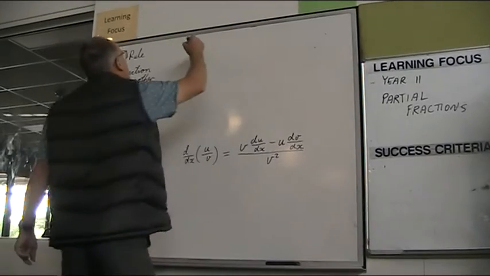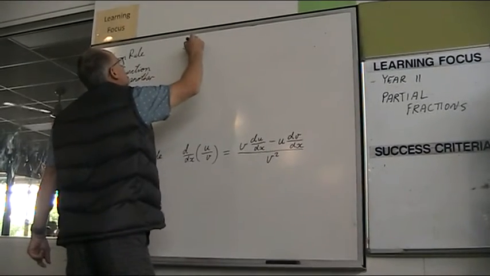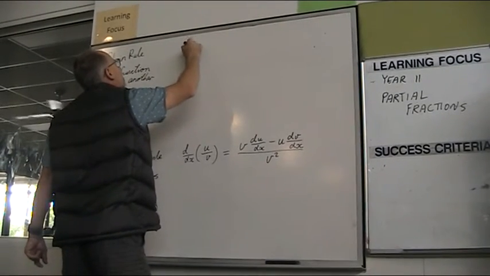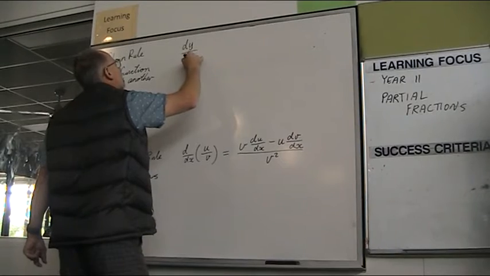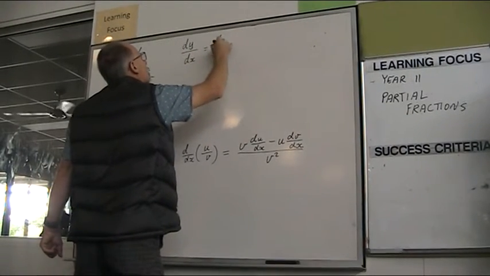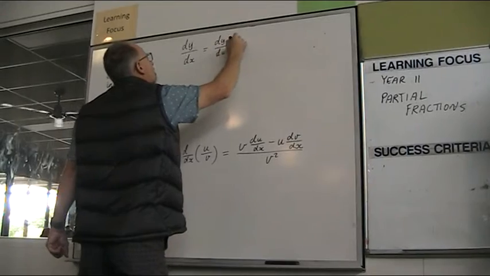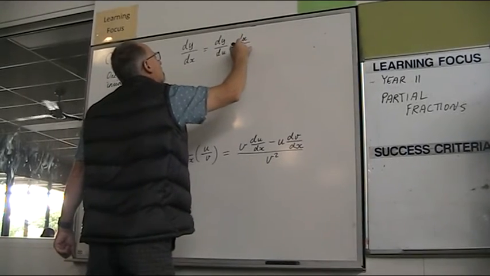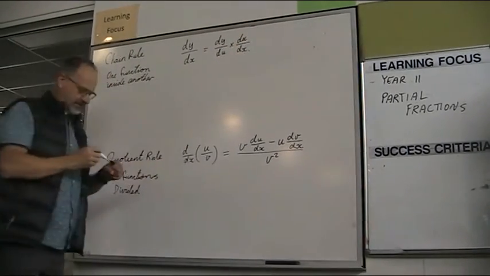So if we have dy/dx, this is dy/du times du/dx.